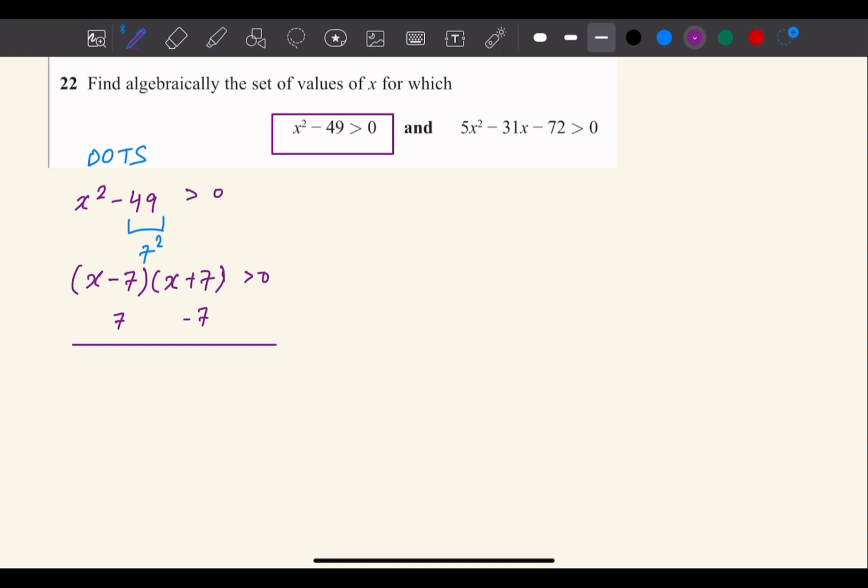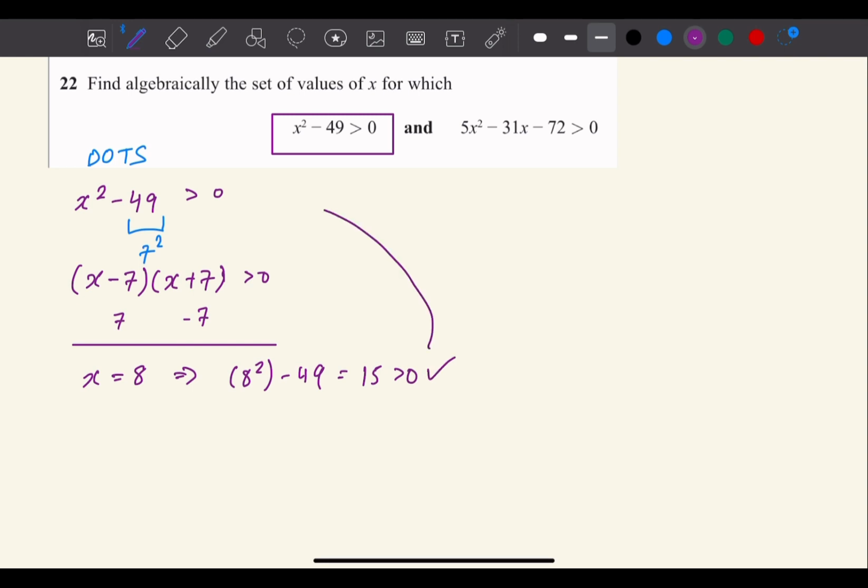So for example, if x is equal to 8, then 8 squared minus 49 is equal to 64 minus 49. It is a calculator paper, so just get your calculator out. It's 15, which is greater than 0.